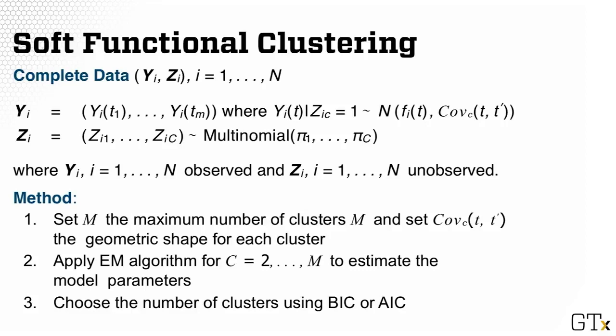At the expectation step, we impute the cluster membership or the hidden variable z. At the maximization step, we maximize the likelihood of the conditional distribution of y given the z imputed from the expectation step. We iterate these two steps until convergence. The final output is the imputed cluster membership z and the estimated cluster patterns.